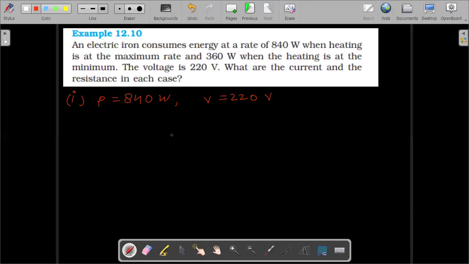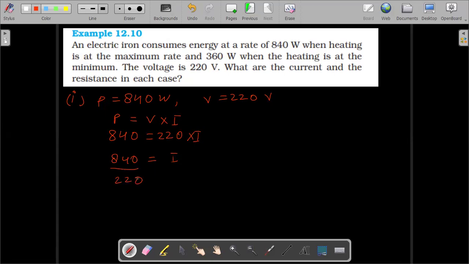For the current, we'll use the formula. Since we know power and voltage, we want to find current, so we'll use the formula P equals V times I. Power is 840, will be equal to voltage, which is 220, multiplied by current I. So you get the current I to be equal to 840 divided by 220.